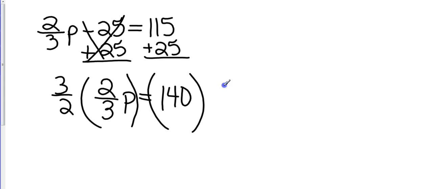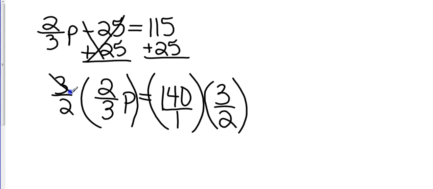Not a problem. I'm going to multiply by 3/2 over here as well, which means I'm going to have to make my 140 into a fraction. Looking at these, I can cancel the 3 and that 3, cancel that 2 and that 2. And as crazy as this looks, my 2 can cancel into my 140.